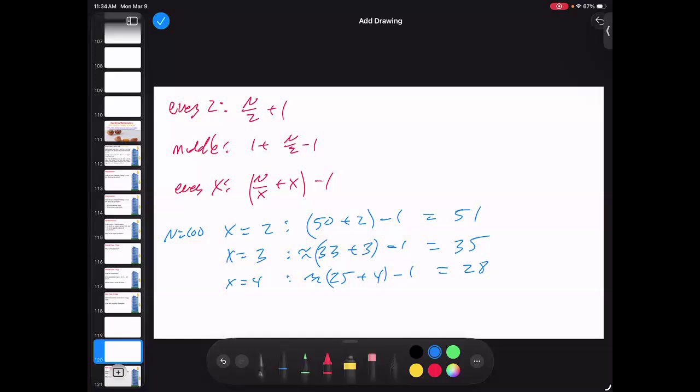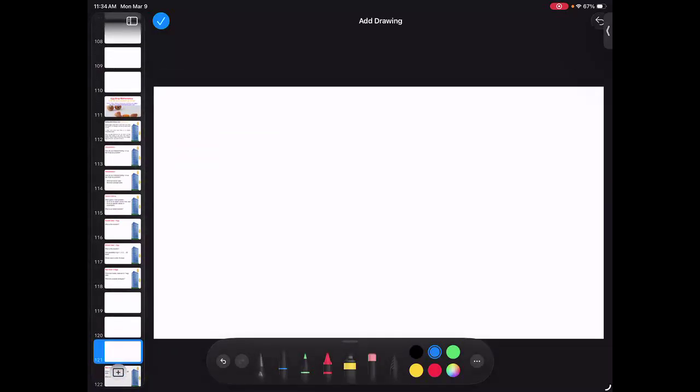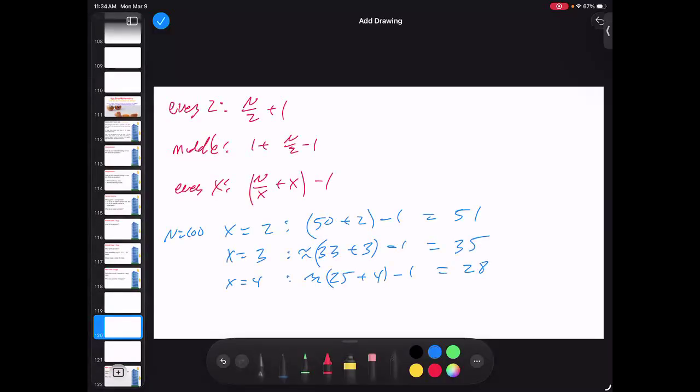Also, if I just keep taking large x, it's going to keep getting smaller and smaller. Do you agree with that? So eventually it's going to tip. Still 2 eggs, right? This is 2 eggs.